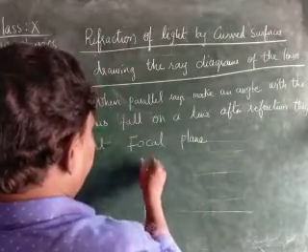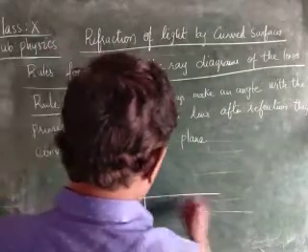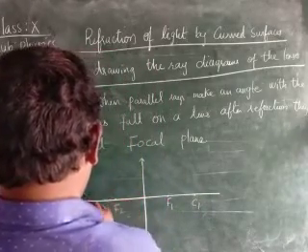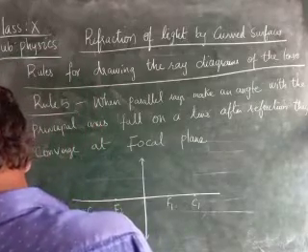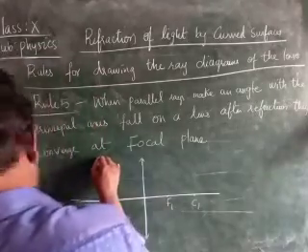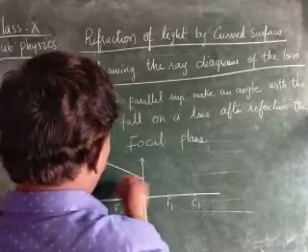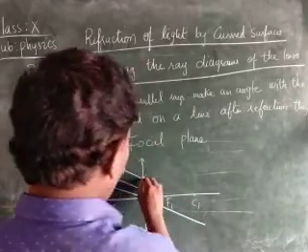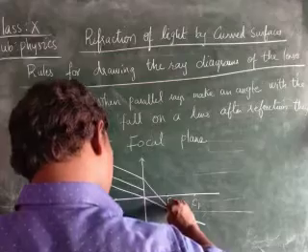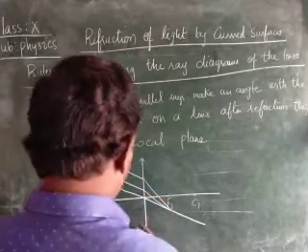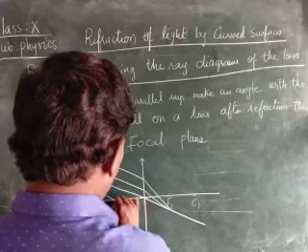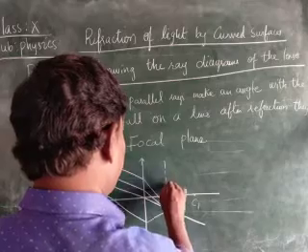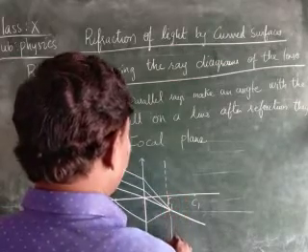Here is the diagram, children. All these light rays converge at a point which is perpendicular to the focal point.